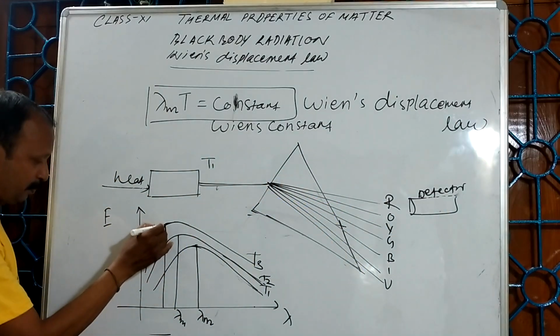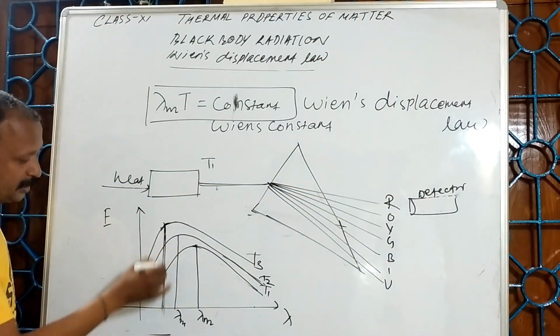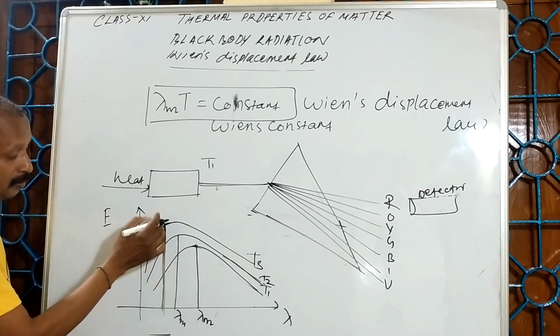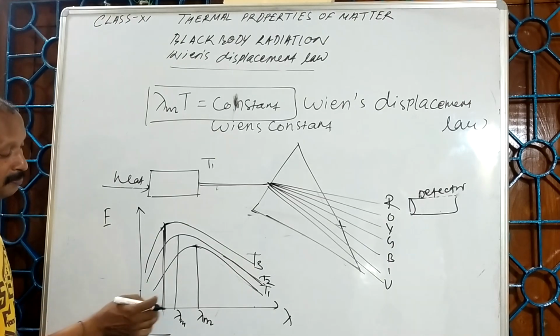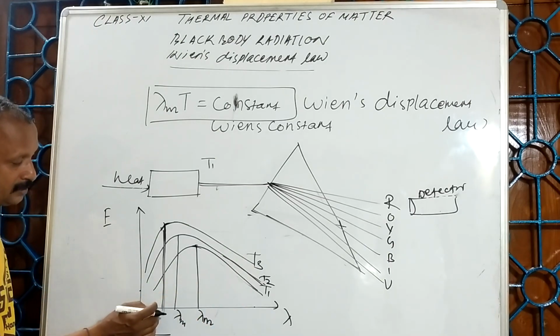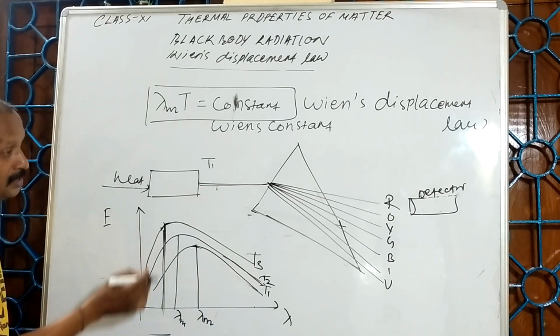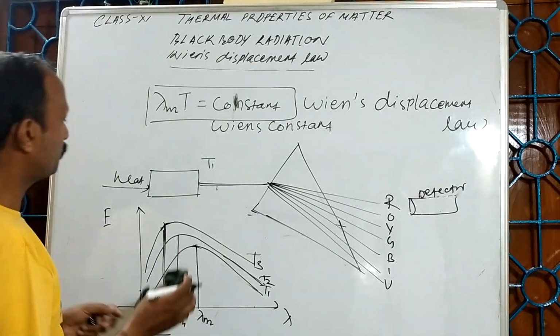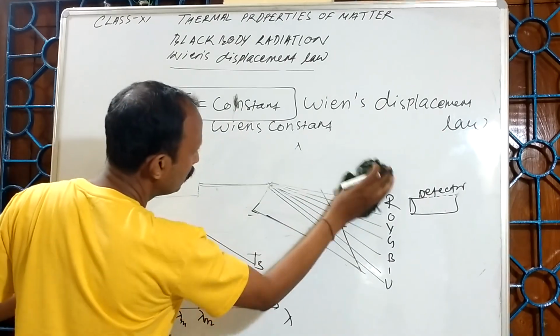This is the displacement. Displacement is maximum when the wavelength is minimum. That means wavelength is decreasing, displacement is increasing. This is called Wien's displacement law.